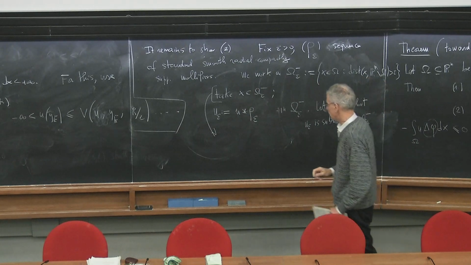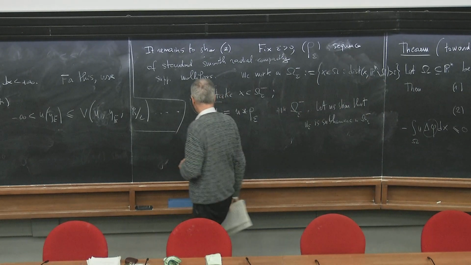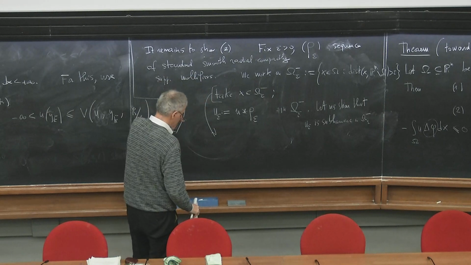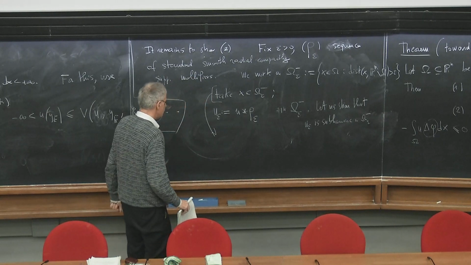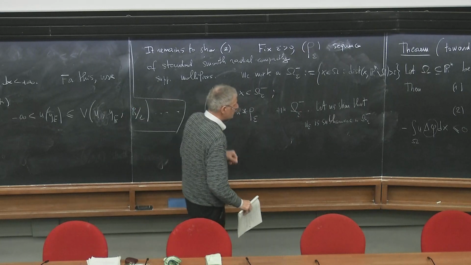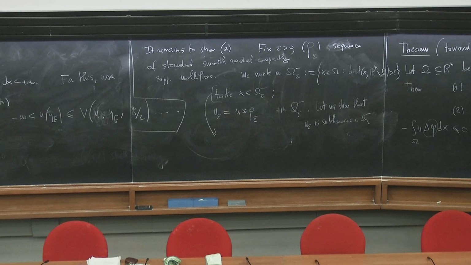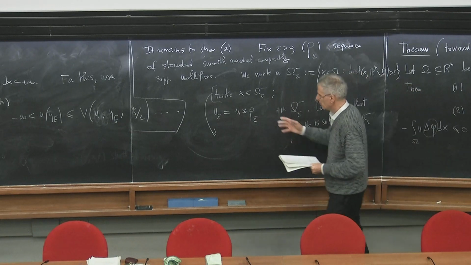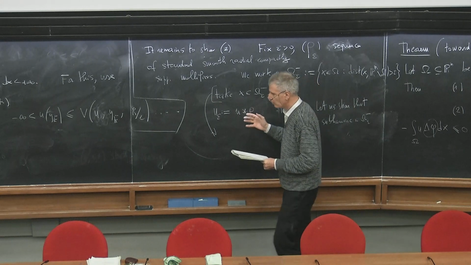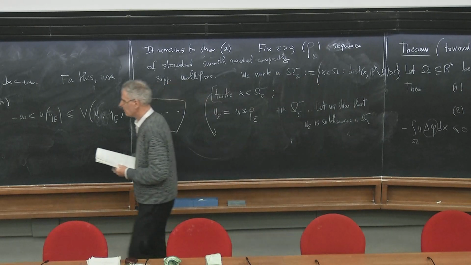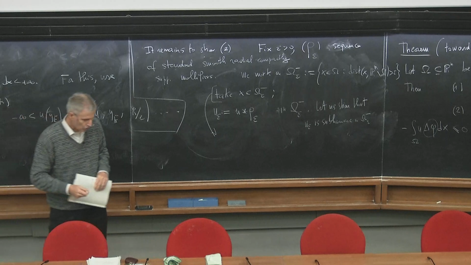Let's show that; well, we can do this in various ways. We can do it, for instance, using convolutions, but I don't know how much you know about convolutions. Okay, let's do the computations.